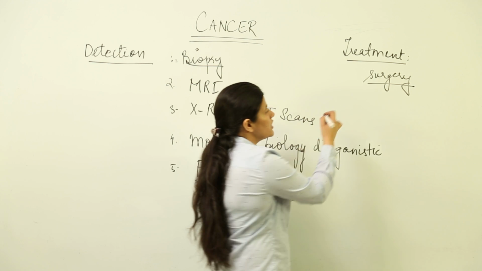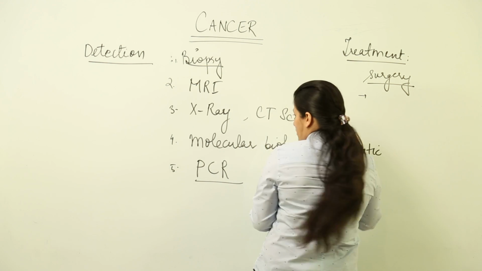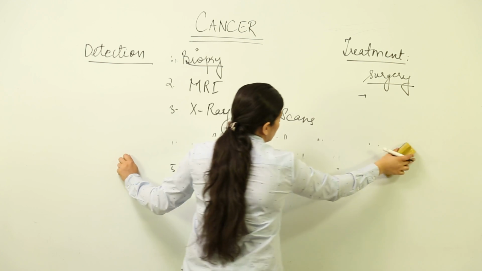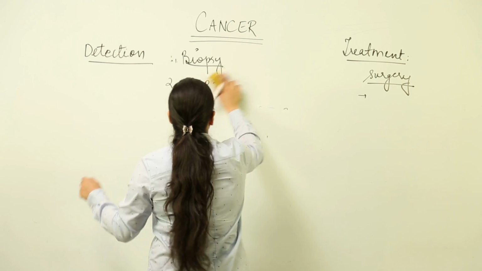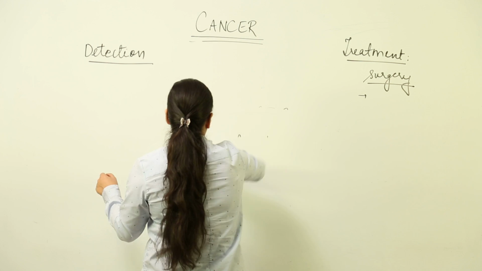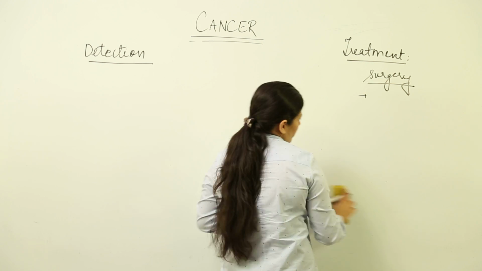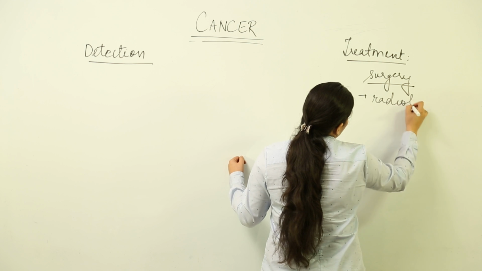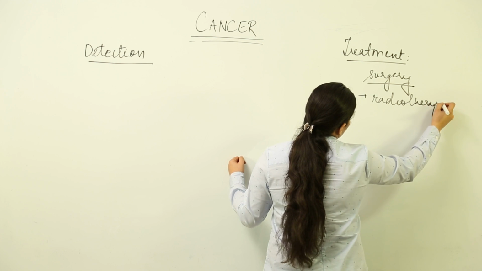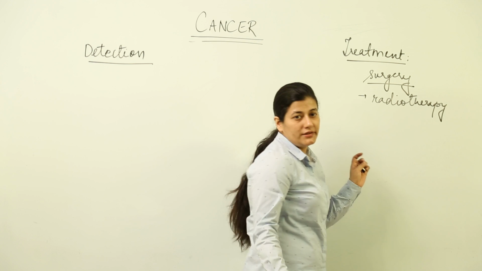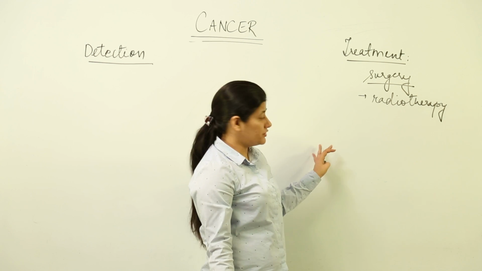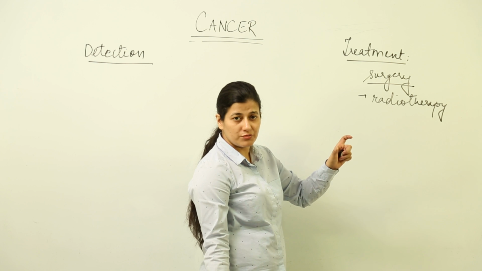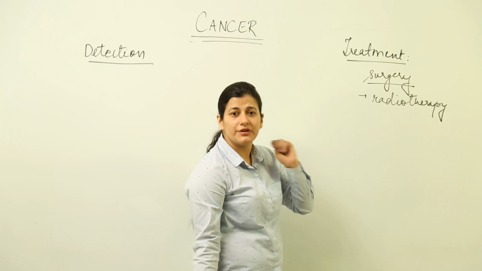But apart from that, we have the technique of irradiating the tumorous cells with lethal radiations. So we have radiotherapy, the technique where the treatment is aiming at getting rid of the tumorous growth by giving lethal radiations.